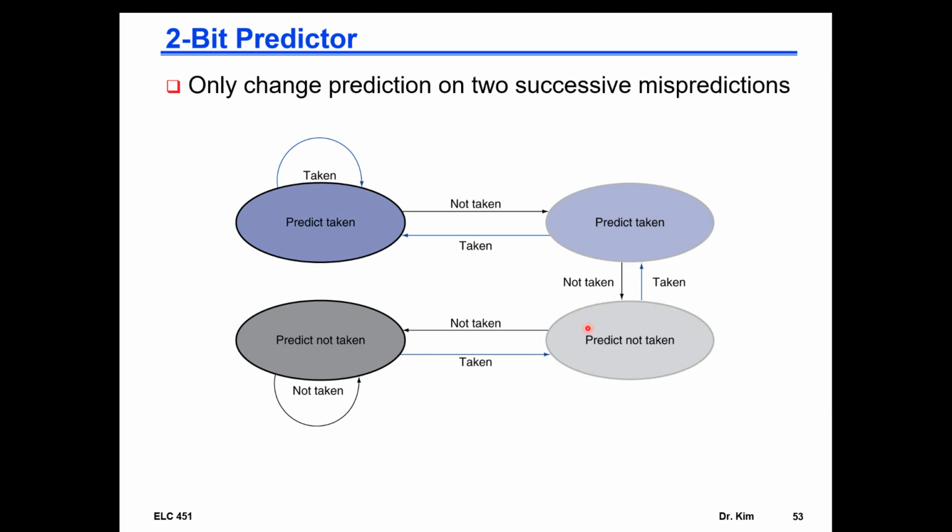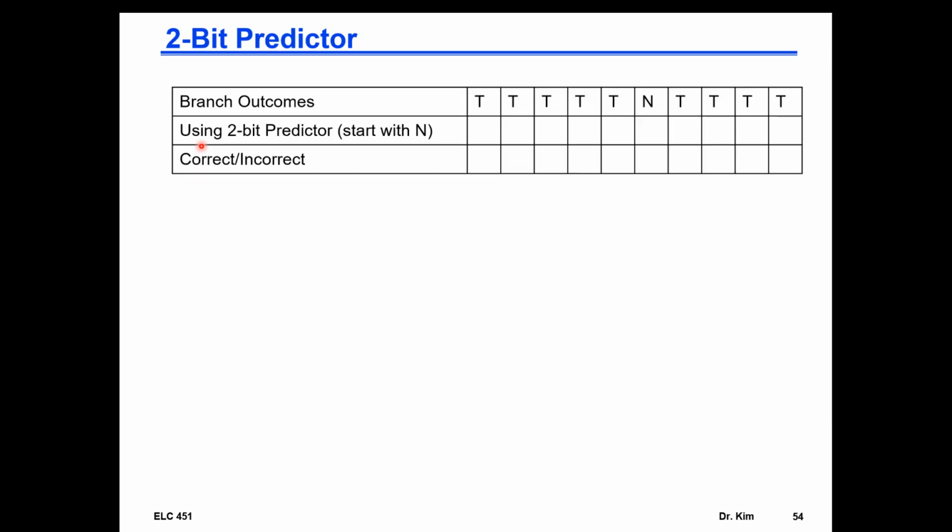And if we are here and we are wrong, we go to this state and we have remembered that we were wrong twice and switch our prediction. If we are right here, we go back to this state, essentially absorbing the fact that we were wrong once. So this is the 2-bit predictor state diagram. So let's see how that fares with what we were looking at before with the simulations.